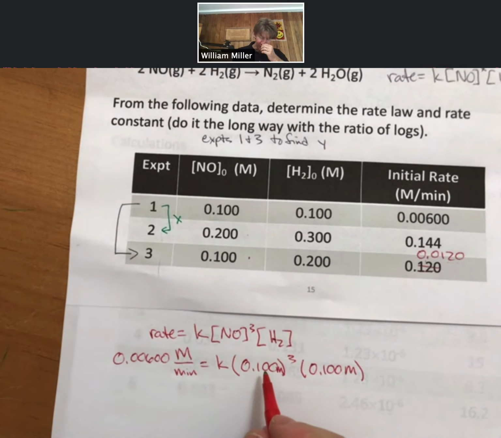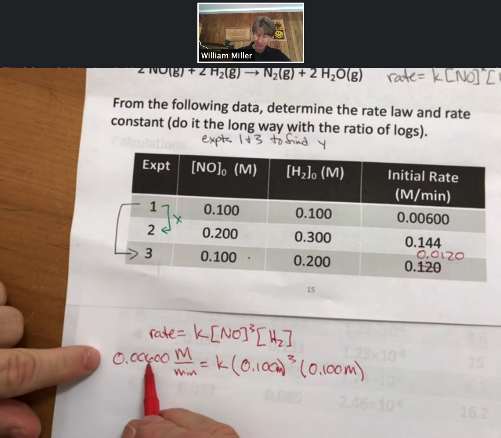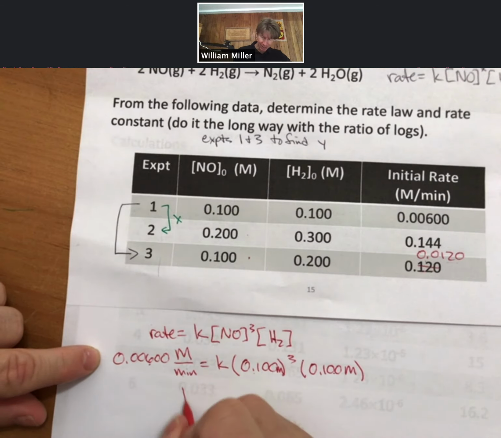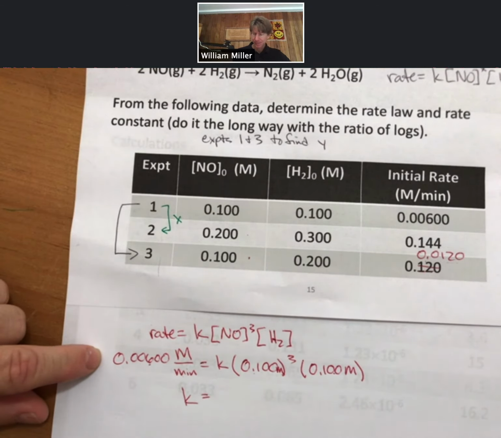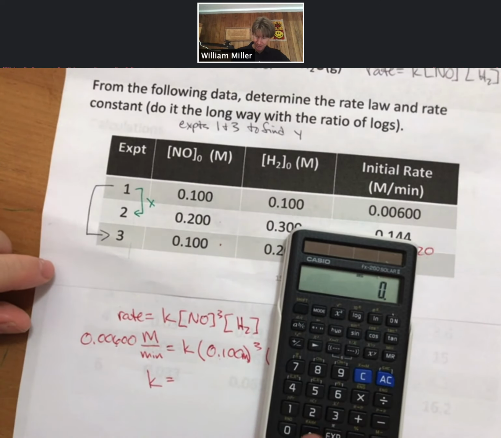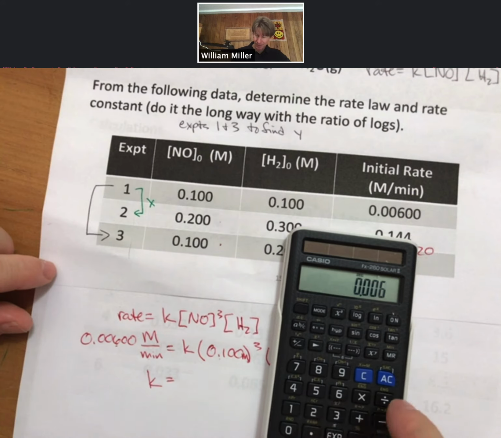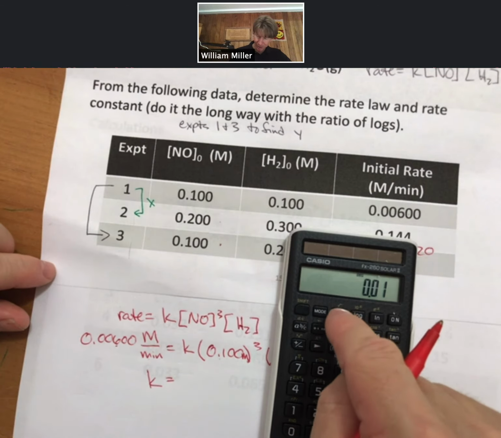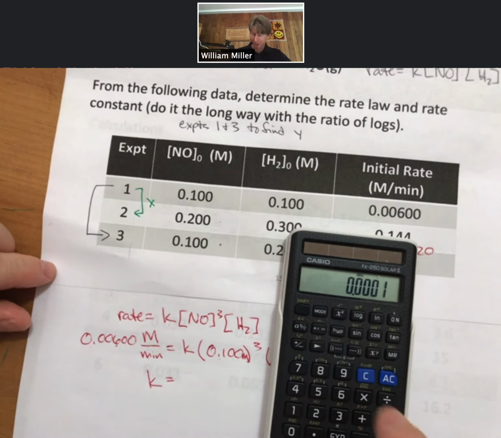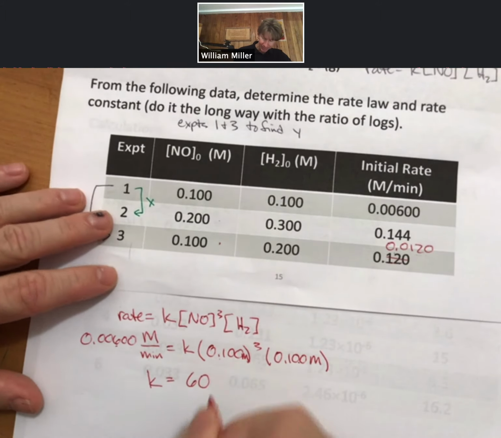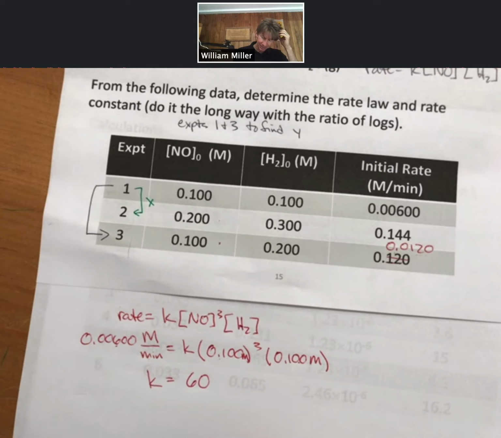I will divide my left-hand side by 0.1 to the fourth power to solve for little k. And little k is going to be 0.006 divided by 0.1 to the fourth power. And k equals 60.